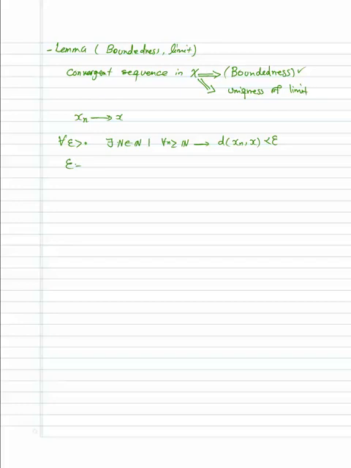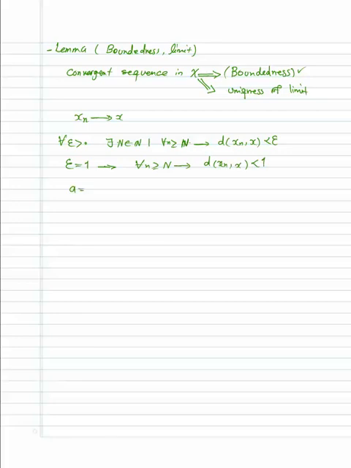Then if you choose epsilon equal to 1, then for every n greater than this N you chose, the distance of xn and x is less than 1.